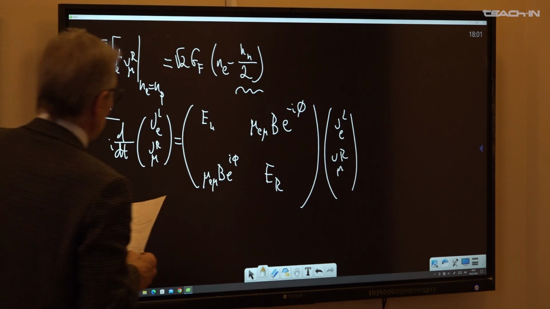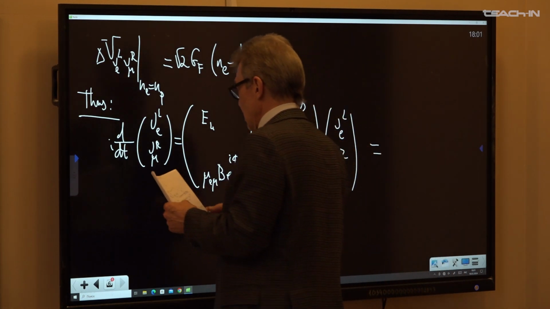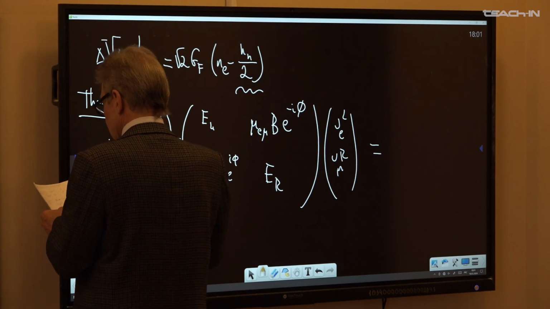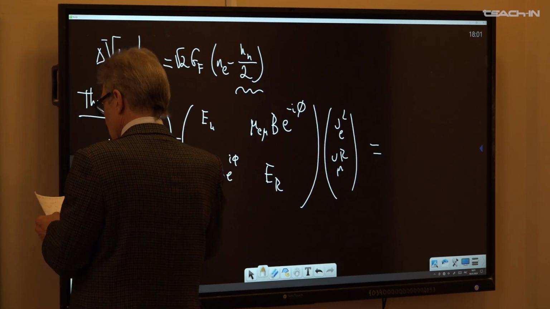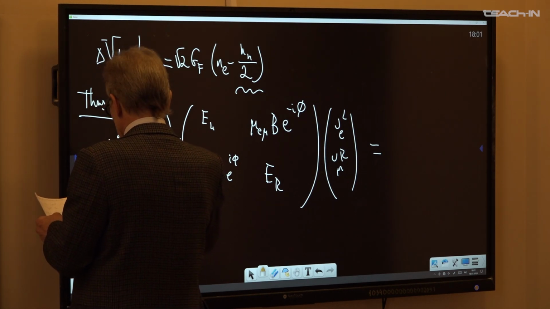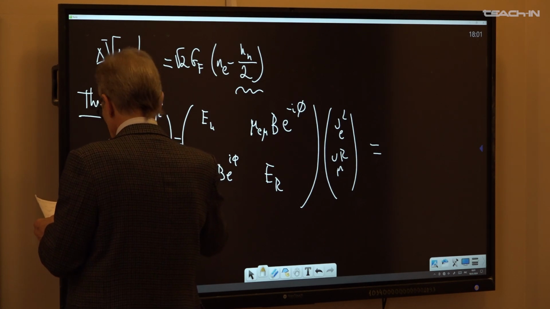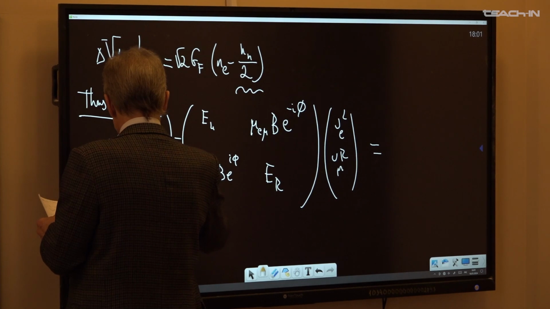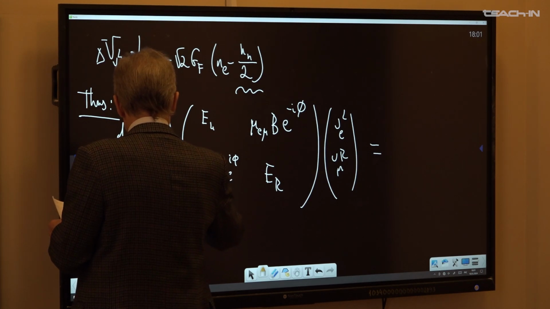Now we can go further and write explicitly, accounting for what we have already written today. This is not important, but for completeness I will write it, because this part is proportional to the unit matrix: (m1 squared plus m2 squared) divided by 4 times the momentum of neutrinos, multiplied by the unit matrix.